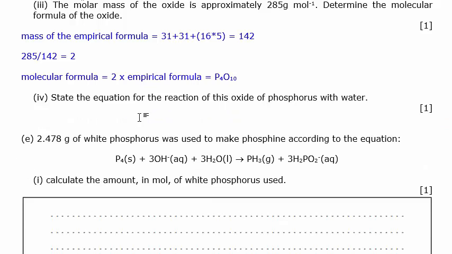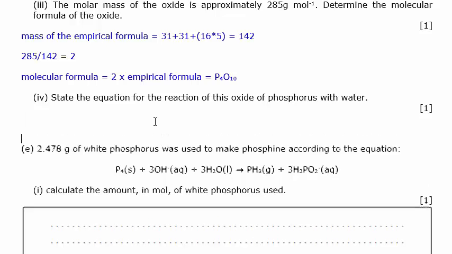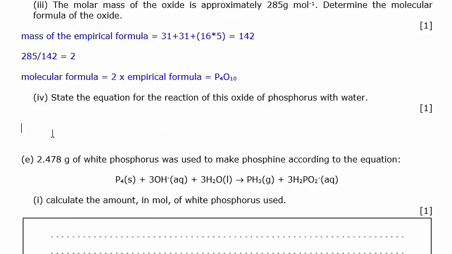Right, state the equation for the reaction of this oxide, P4O10, of phosphorus with water. Well, this is something we have to learn. It's all part of the reactions of oxides with water, so P4O10, and we're reacting it with H2O. What does it give?